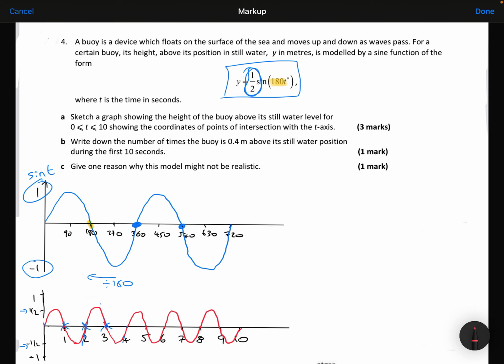And there we go. This is the graph of 1/2 sine 180t. And you can type that into Desmos online and you can check that graph for yourself.